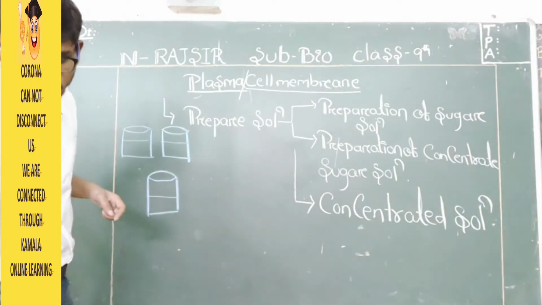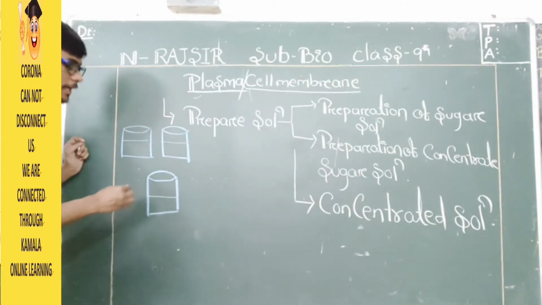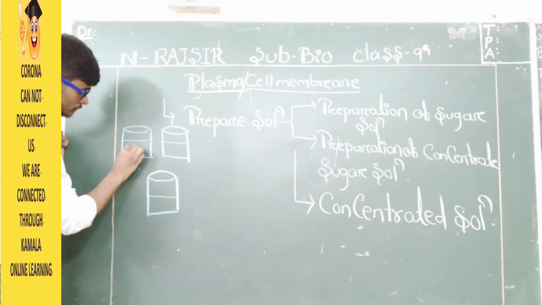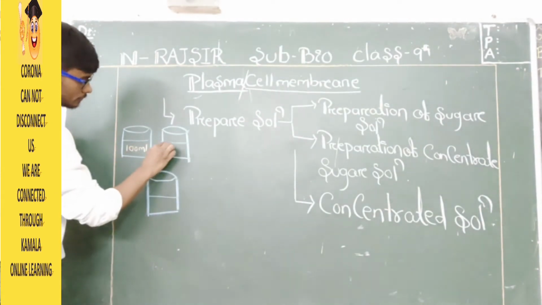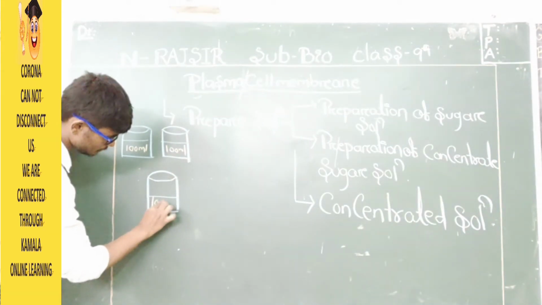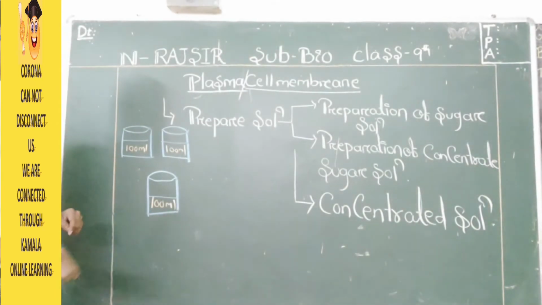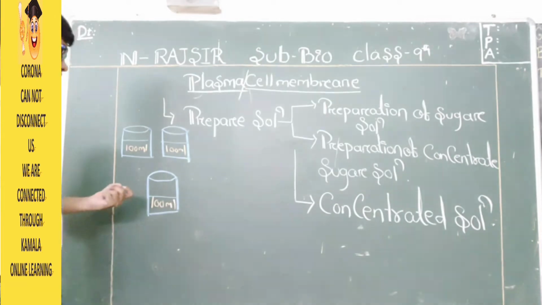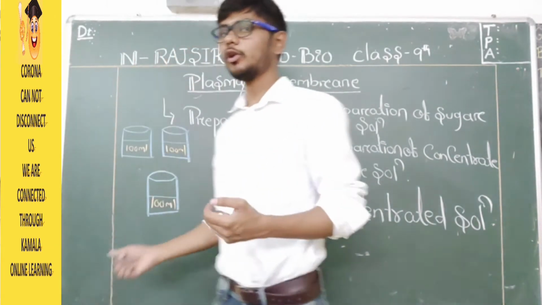In all these 3 cases, we will add 100 ml of water. I hope you all can see. These are 100 ml of water which we have added to all of them.